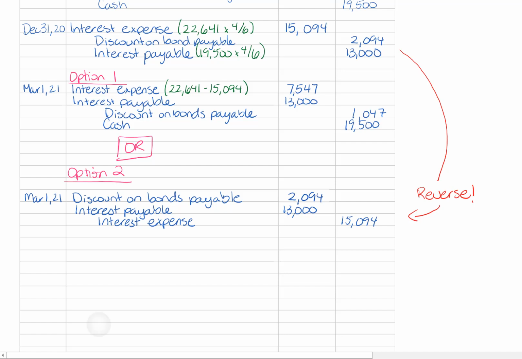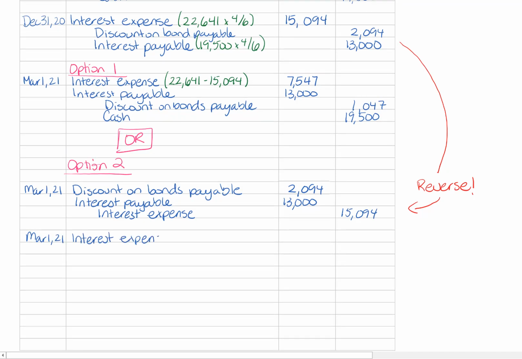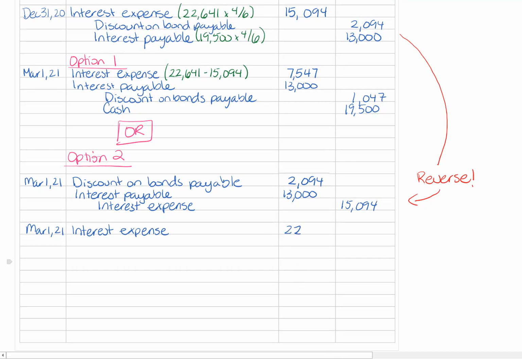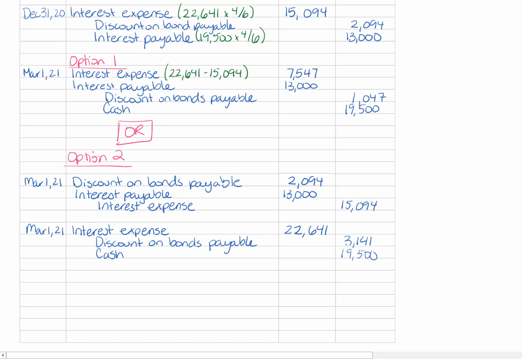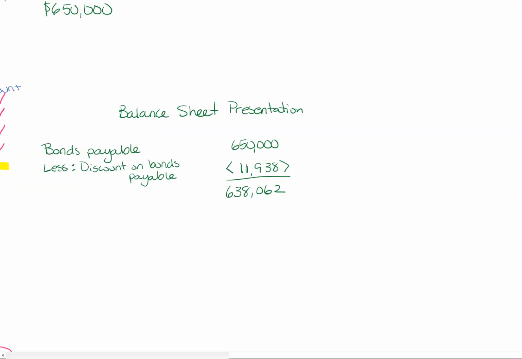And step 2 is just to look at my table at my March 1st, 2021 line and record my interest expense journal entry. Debit interest expense $22,641, discount on bonds payable $3,141, and credit cash $19,500. And again, just choose one of these options. Please don't do both.